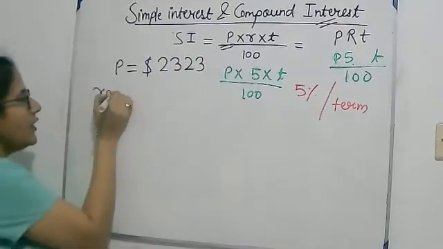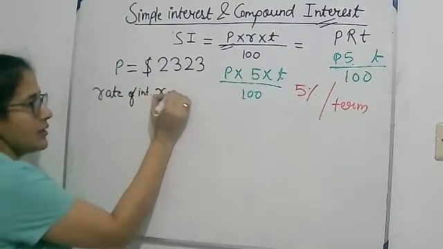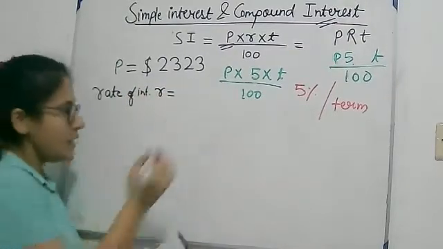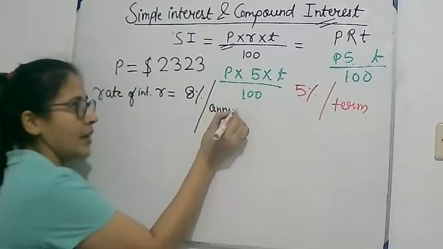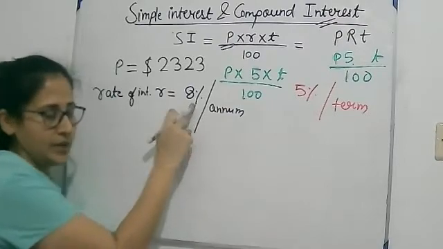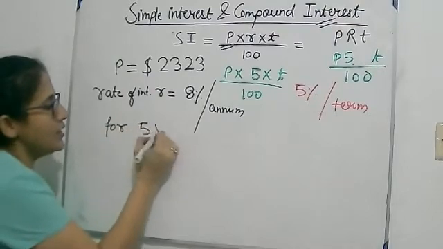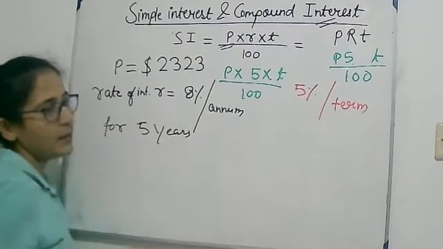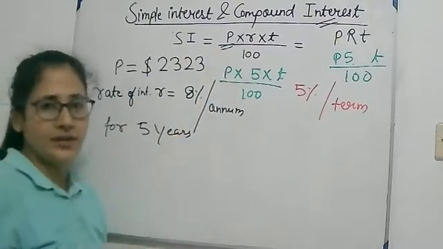And the rate of interest, or the small r, is 8% per annum. That means per year the rate of interest is 8%. And you have to find for 5 years. That means after 5 years, what will be the value of simple interest?